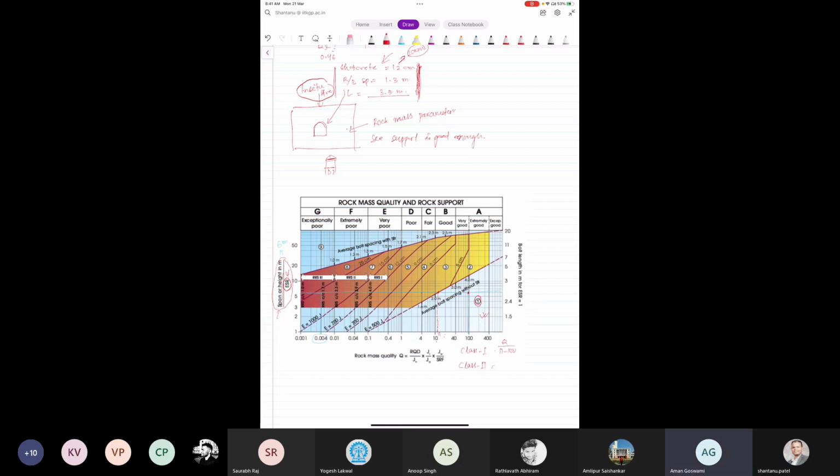So 2 to 11. Yeah, you can say 2 to 11 or maybe 1.8 to 11, because after 1.8 the support system is again changing. So here we are defining it. It's up to you actually. Generally, what we do is we change the support like this. In real cases, actually, we change the shotcrete thickness.